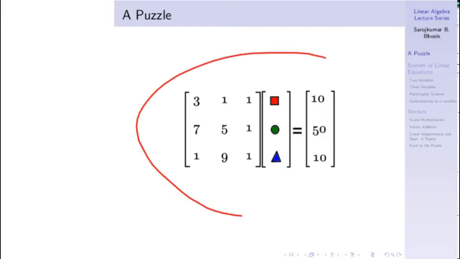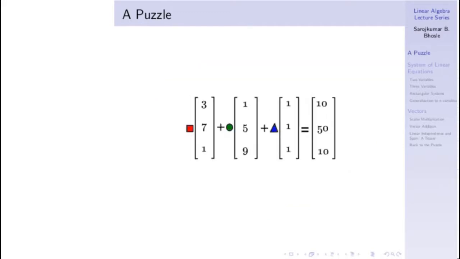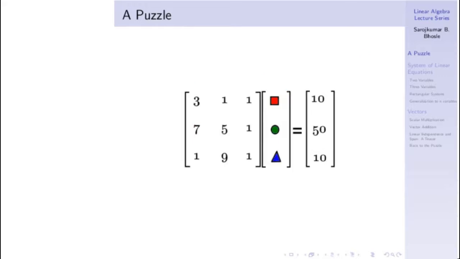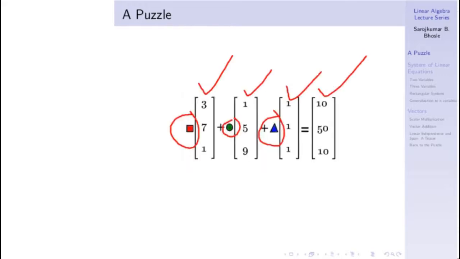So this is one representation. There is one more representation wherein we consider the columns of the previous matrix separately and multiply these columns by the unknowns, and we take the constants on the right hand side. These two representations are not different, they are in fact related.